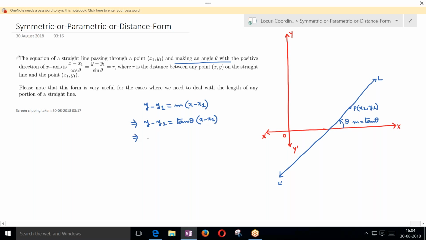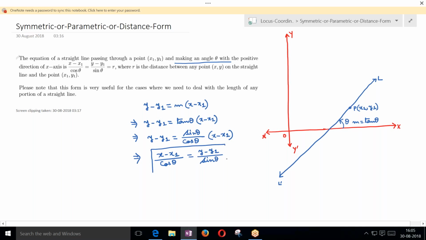This implies y minus y1 equals sin theta divided by cos theta into x minus x1. So from here we get x minus x1 divided by cos theta is equal to y minus y1 divided by sin theta.